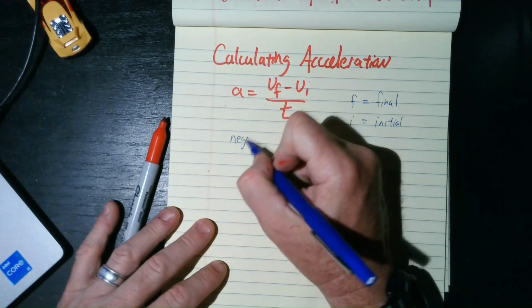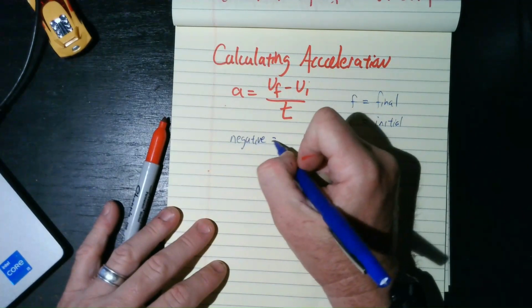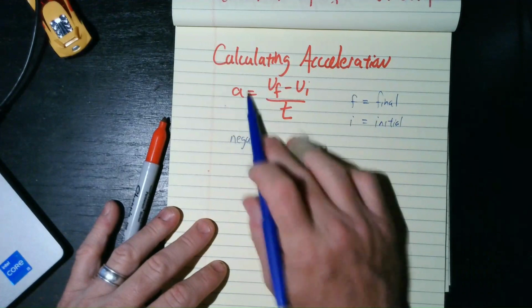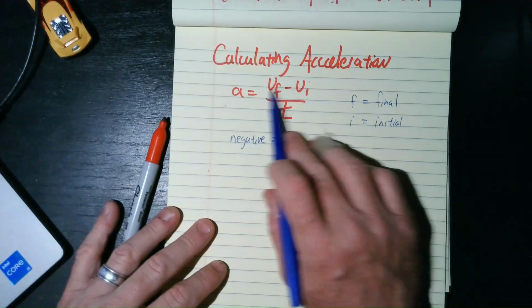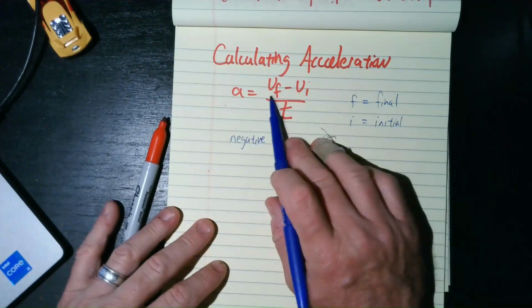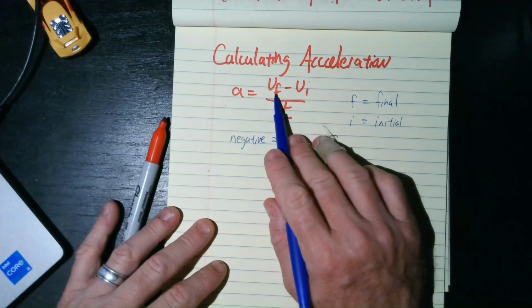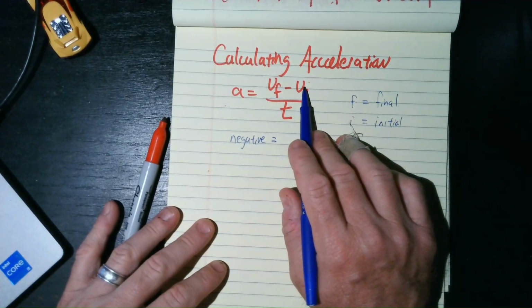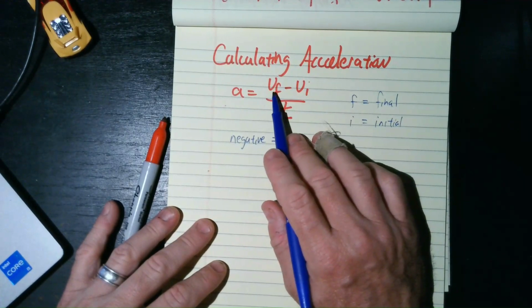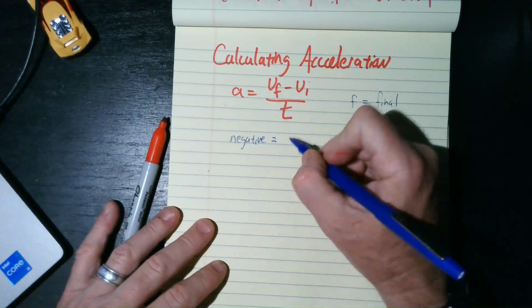Let's look at a negative acceleration. How do you get a negative out of this? Well, time is never negative. So in order for this to be a negative quantity, the final velocity has to be less than the initial. So in the end, you're going slower than when you started.